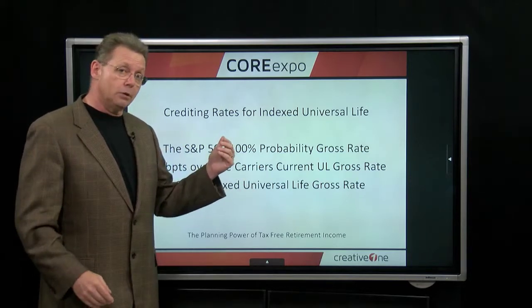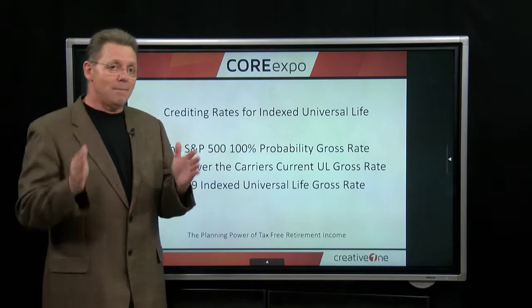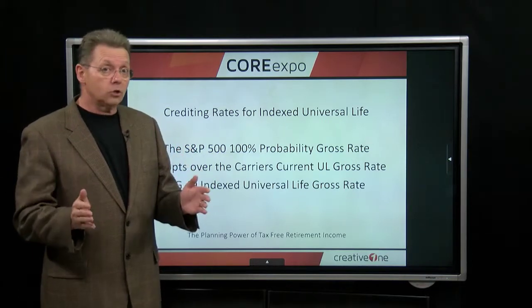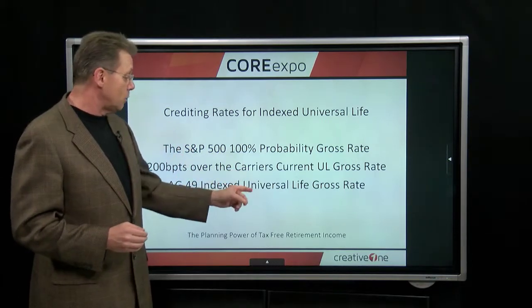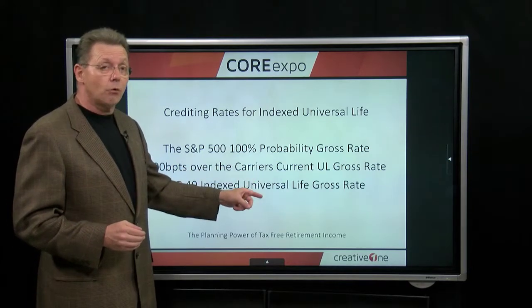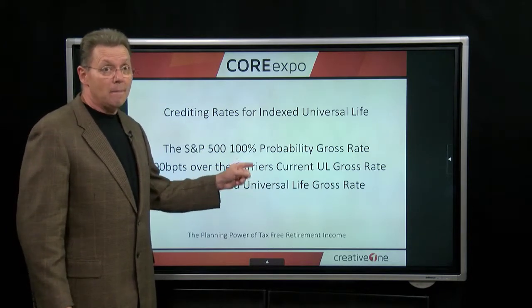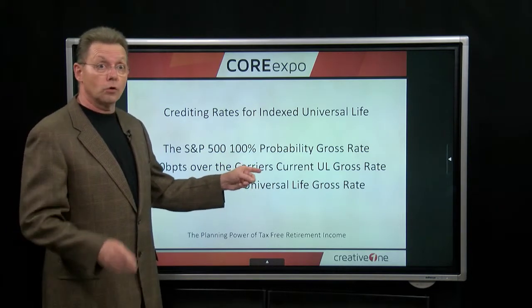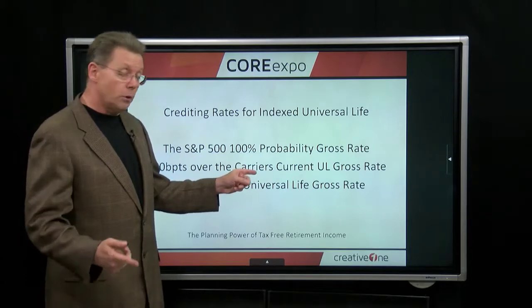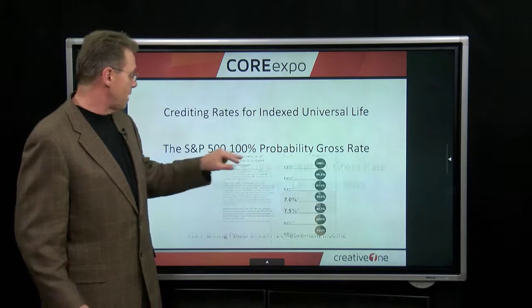Now the carrier we've been showing here has 7.43%. That's the cap based on the regs, and that's all they can show. So in this case, I could be showing 7.43, which is the AG49 max cap. I could be showing about 6% based on the 200 basis points over current portfolio interest, and then the third one would be the 100 percentile over the S&P 500.